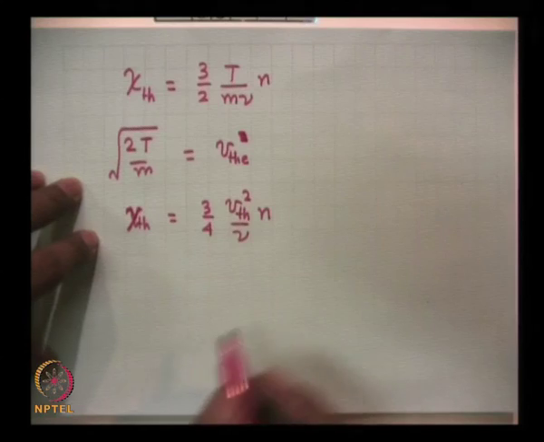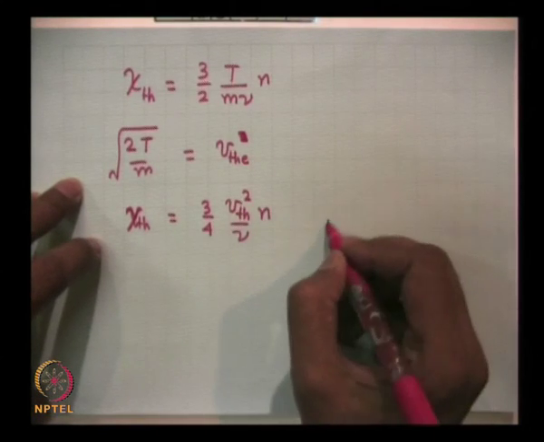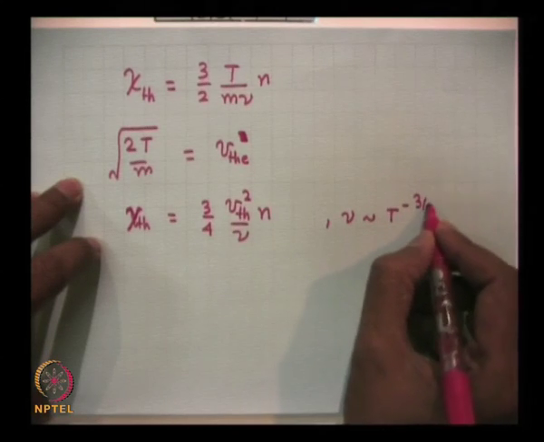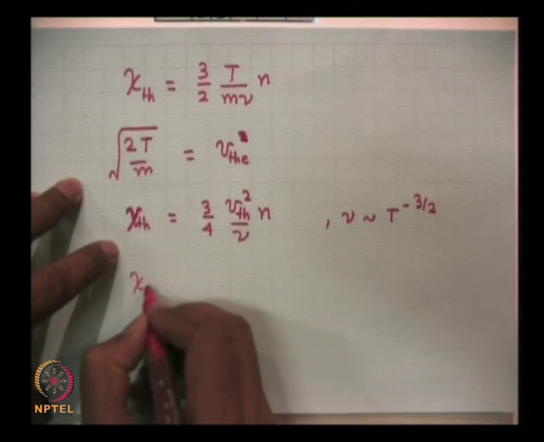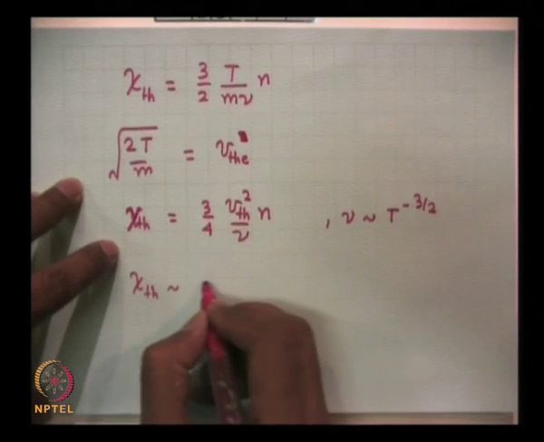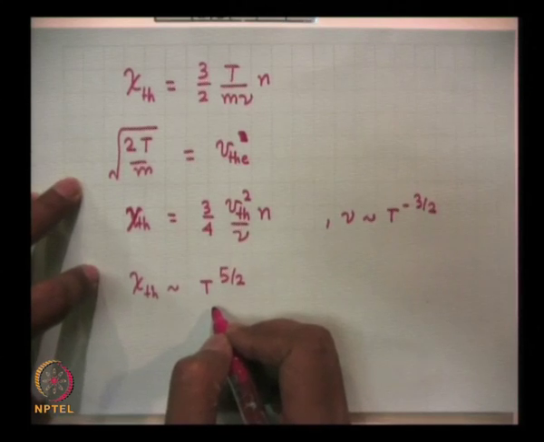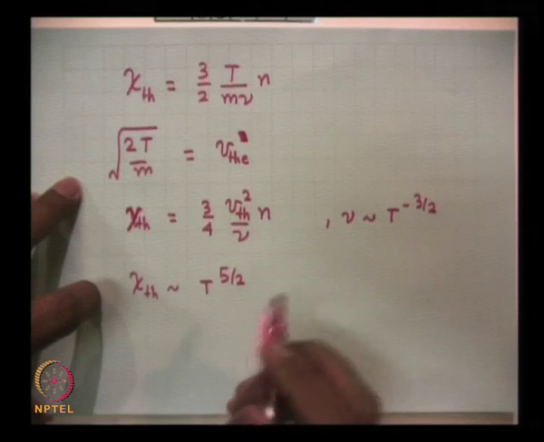Please understand, in a strongly ionized plasma, collision frequency scales as temperature to the power minus 3 by 2. Hence, thermal conductivity scales as temperature to the power 5 by 2, which means a hotter plasma has much higher thermal conductivity than a cooler plasma.